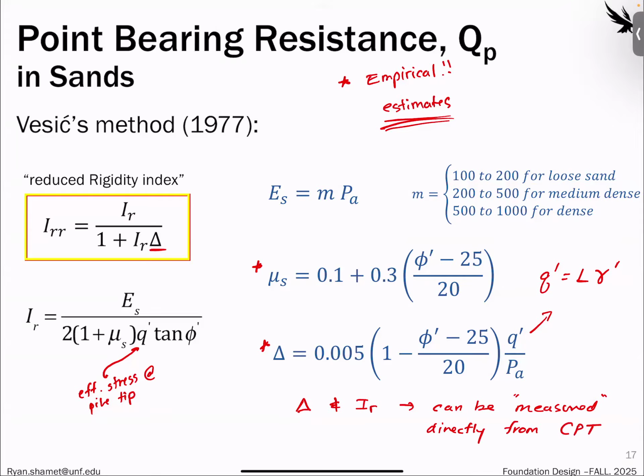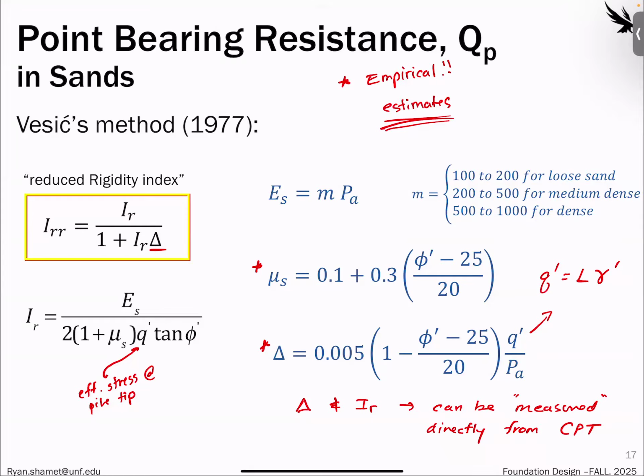So if you're driving piles in sands, I would always suggest trying to get a CPT out there, because that CPT really is essentially the same mechanism of failure as driving that pile. You're essentially driving a scaled pile into the ground. So the rigidity index and the average volumetric strain in this shear zone during failure are determined from the CPT, and there are some good correlations out there instead of just these high level estimates of friction angle.